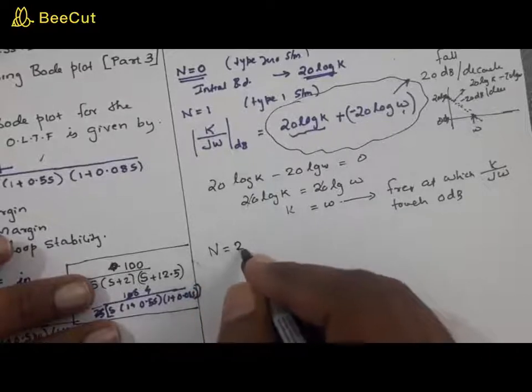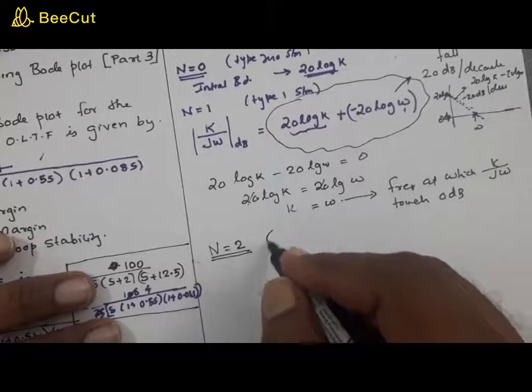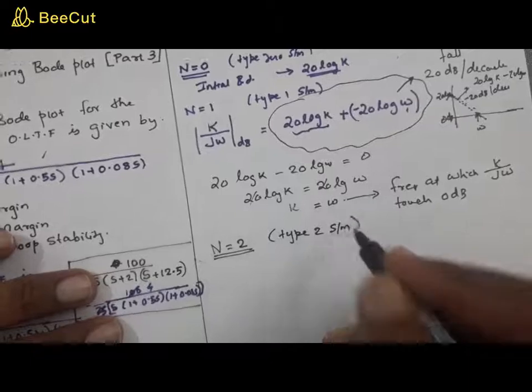Now let me show you one more thing. Consider n is equal to 2, so that you will understand the difference. This is a type 2 system.